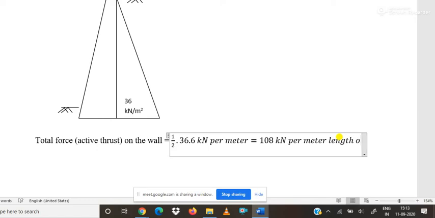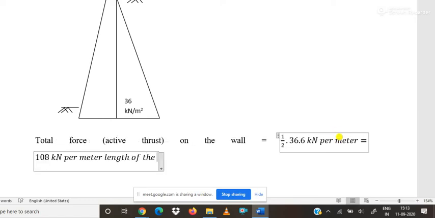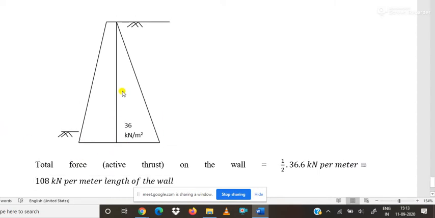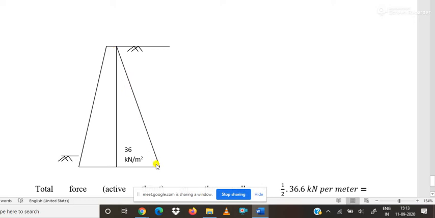of the wall. This is the value of total force, which is equal to the area of this pressure diagram.